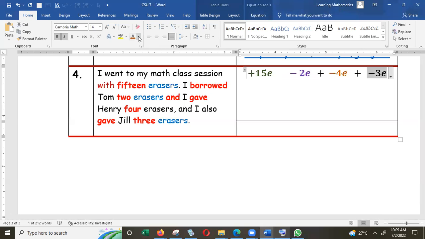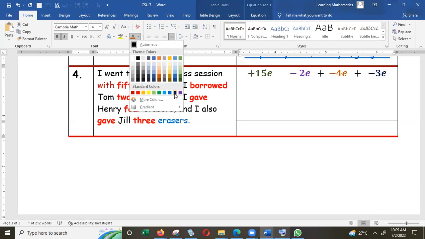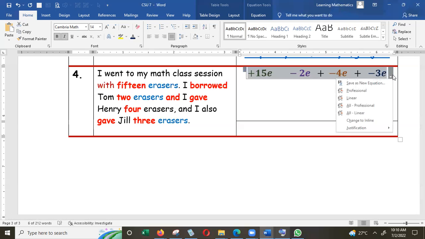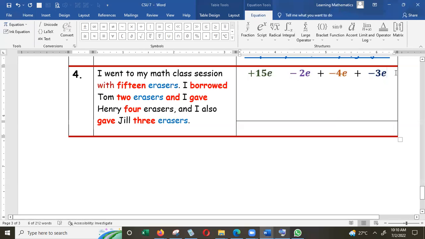And this negative 3 has to be included also. So what is happening there? You started with 15 erasers, you gave away 2 erasers, and you gave away 4 erasers, and you gave away 3 erasers. So finally, how many erasers did you give away from the 15?